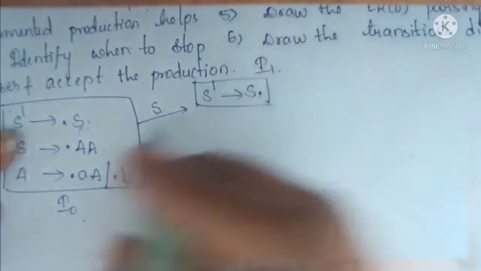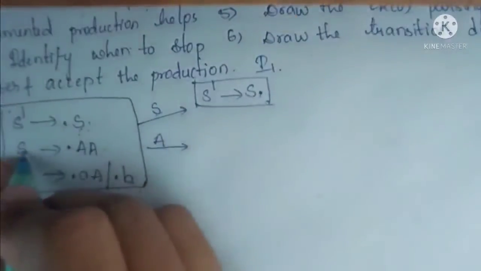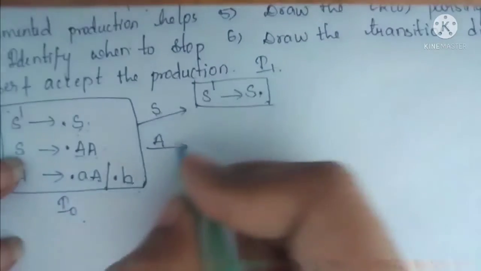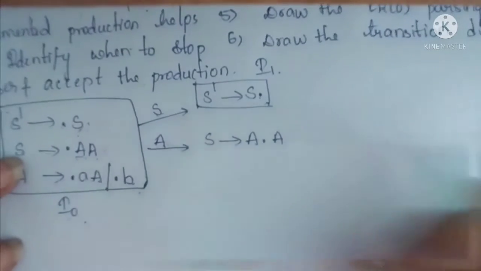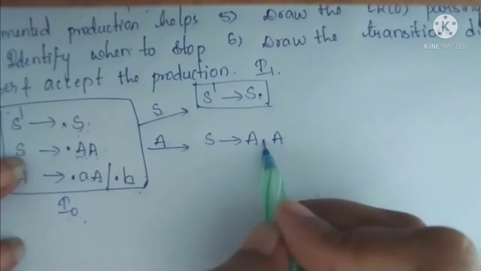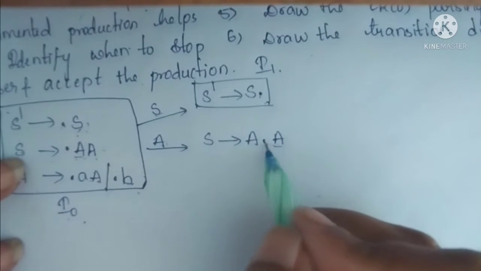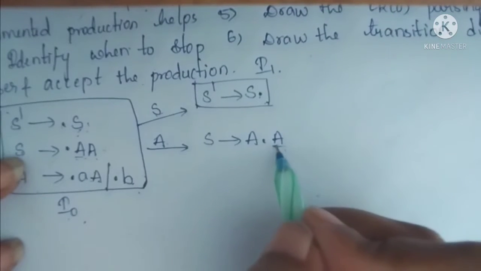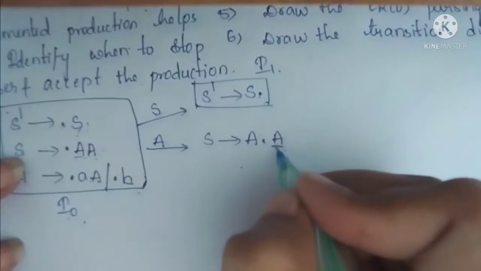Take the next production, S tends to dot AA. So take the first symbol A, then S tends to A dot A. Okay. So after the dot we are having a non-terminal. If in case we are getting a non-terminal after the dot, you have to include this A's productions also.